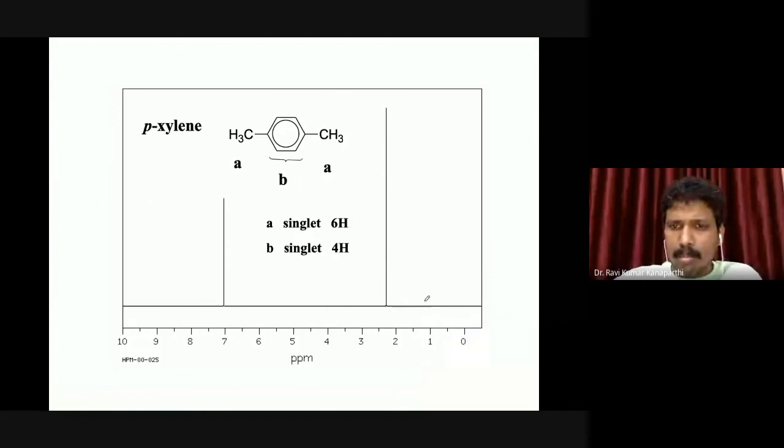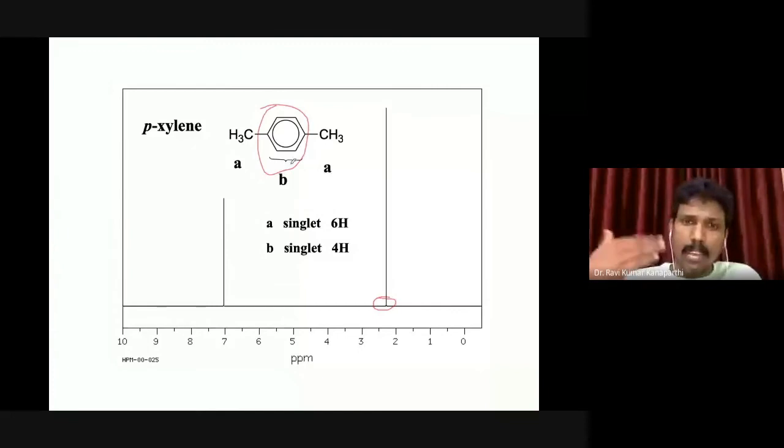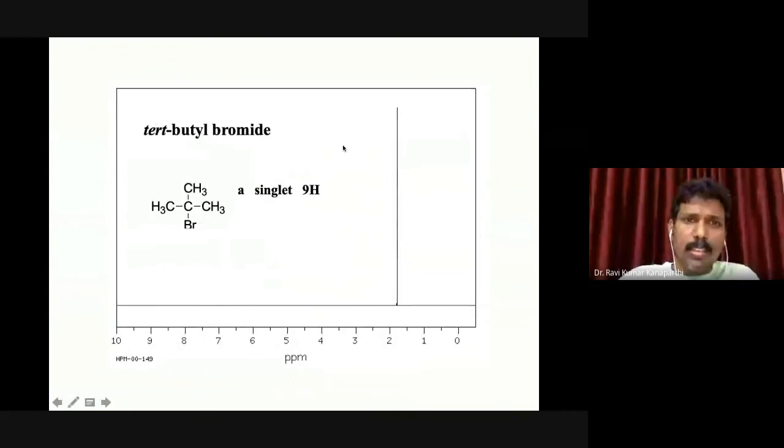As you see, it has gone beyond 2. Why is it so? Because this particular ring creates a ring current, and because of that these methyl protons will be deshielded.